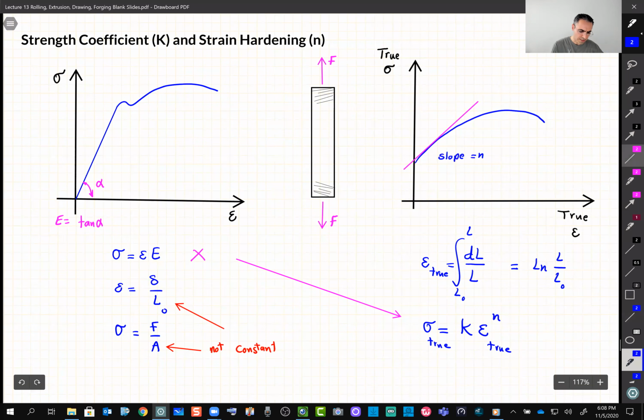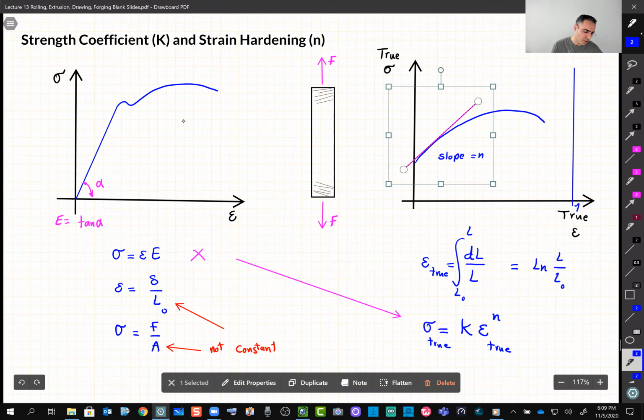And what else? I find a point where epsilon is 1, true strain, wherever it is, and then I continue this line to intersect.